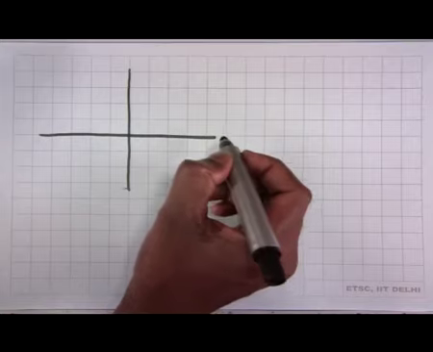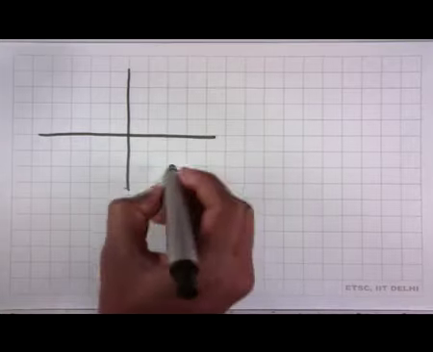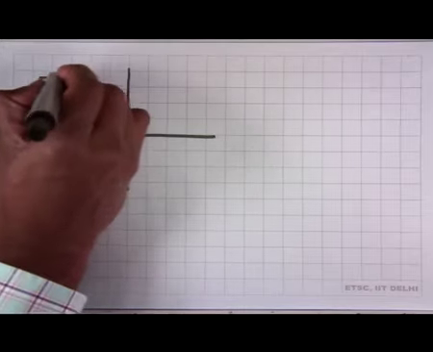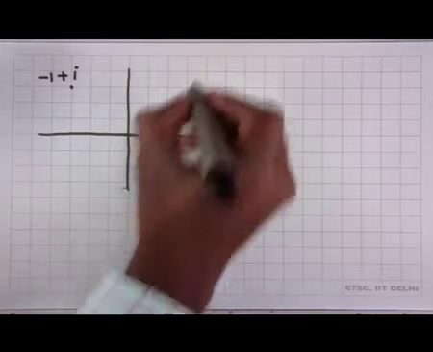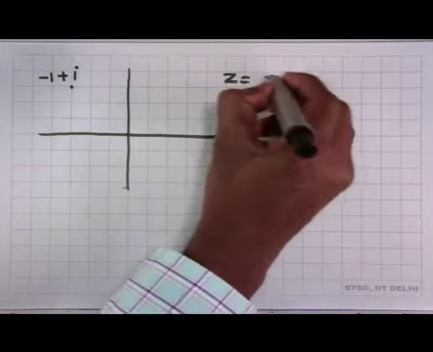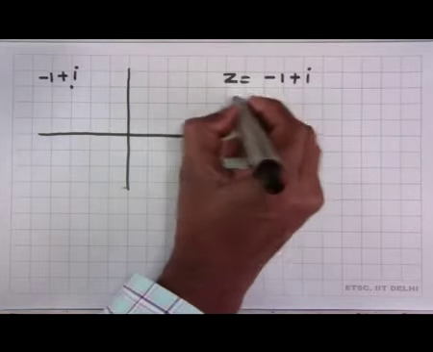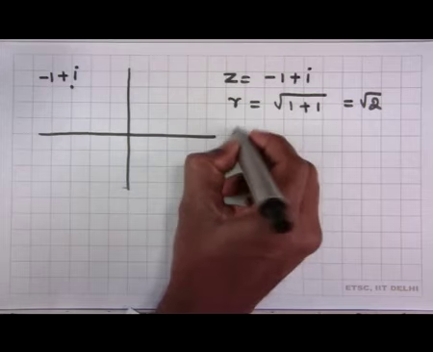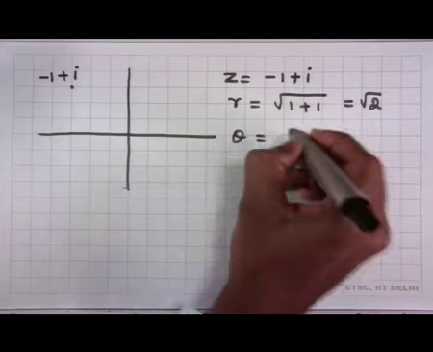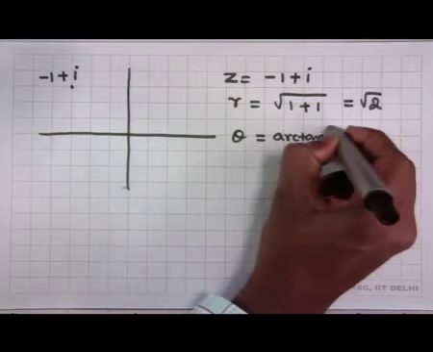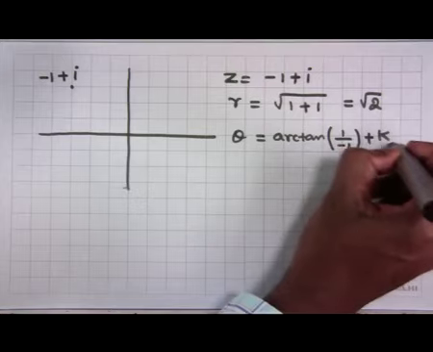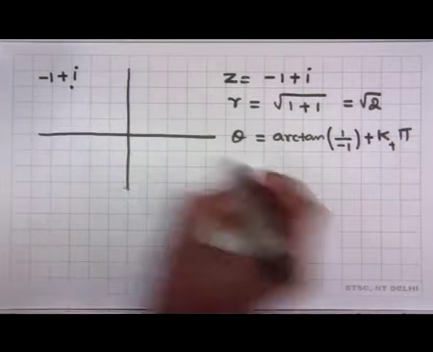Let us see a simple example. Suppose Z is minus 1 plus I, then r is given by square root of 1 plus 1, which is root 2, and the principal argument theta is given by arc tan of y by x plus k plus pi, where the point lies in the second quadrant.